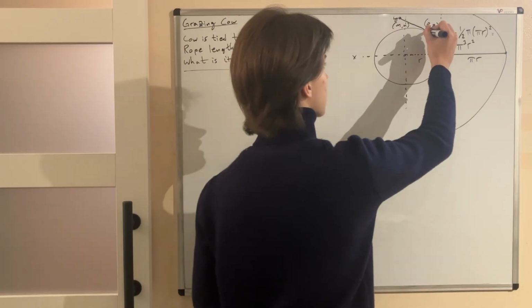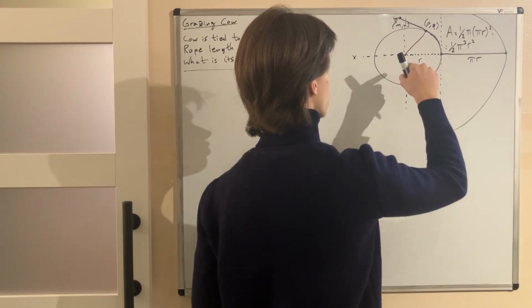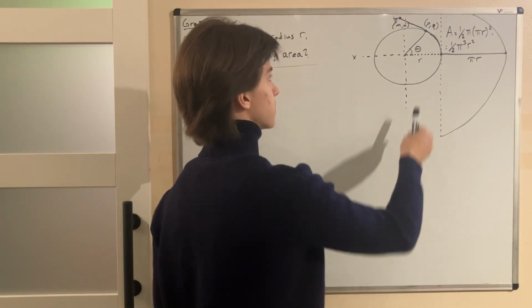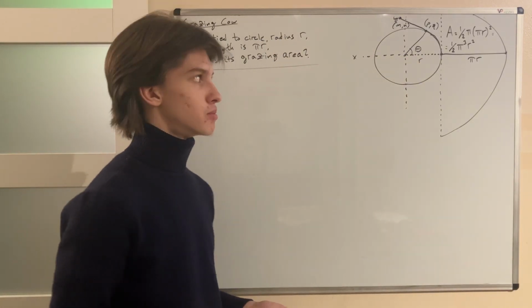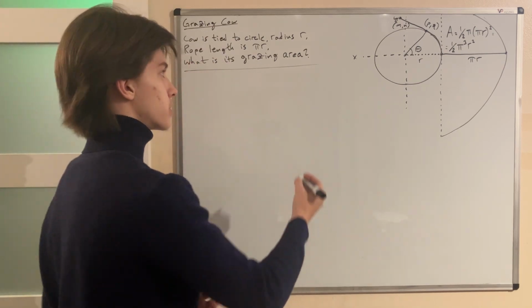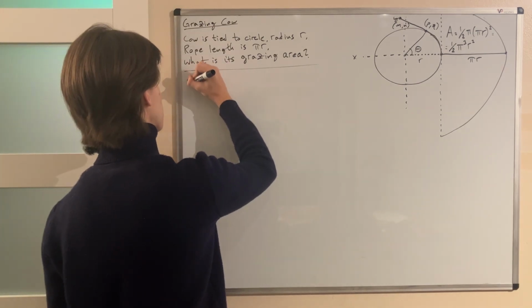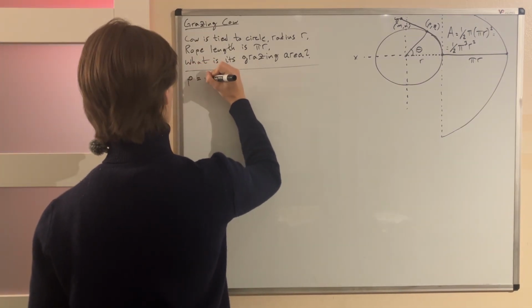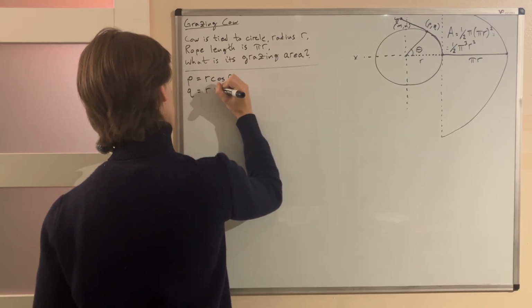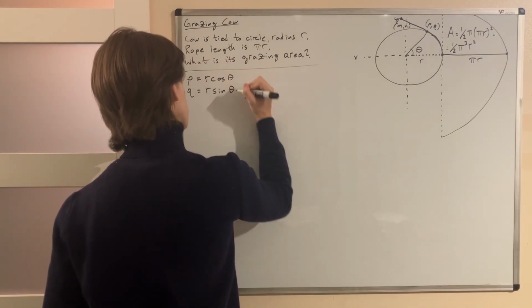If we draw a line to the center of our circle, which is now the origin conveniently, we can call this angle theta, and hence PQ will simply be r cosine of theta, and r sine of theta. So that's our first thing we can write out. P as r cosine of theta, and Q as r sine of theta.